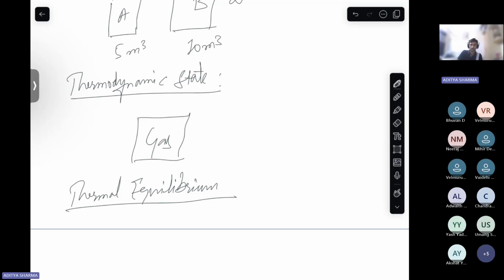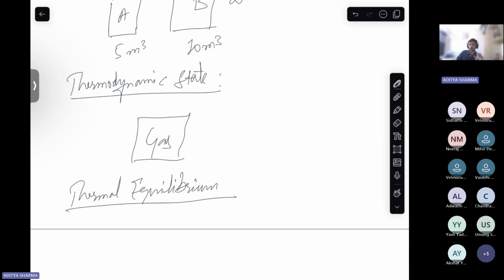Equilibrium is introduced because previously I said that I want to put things in perspective.